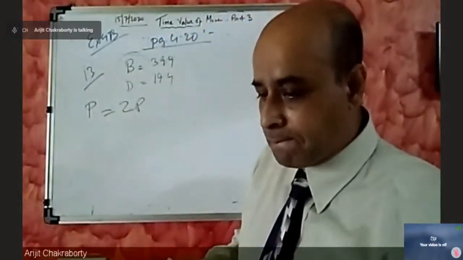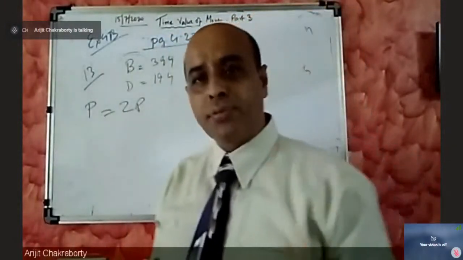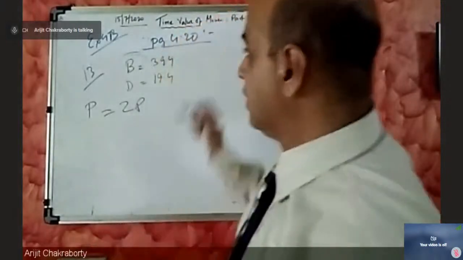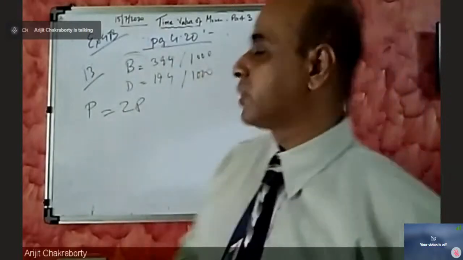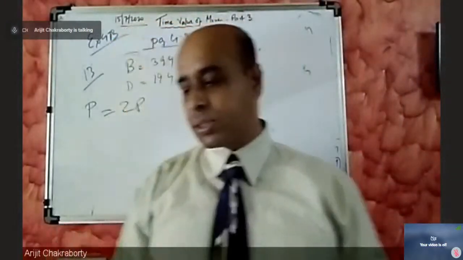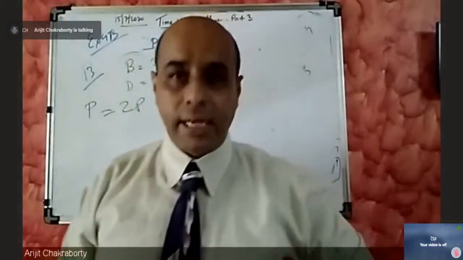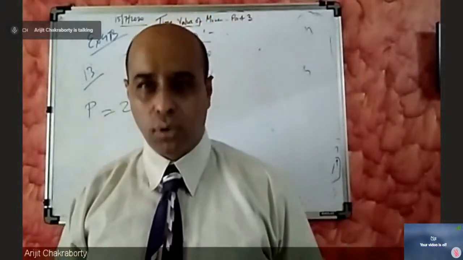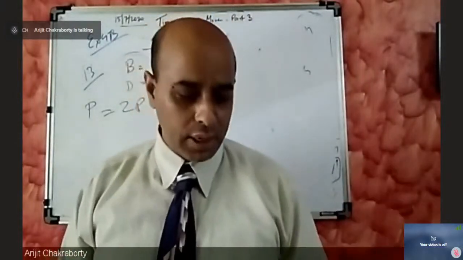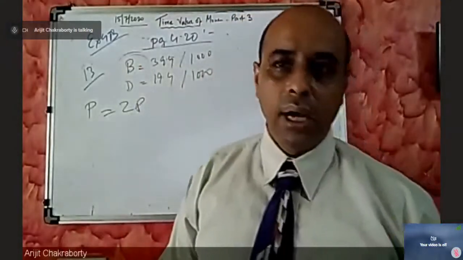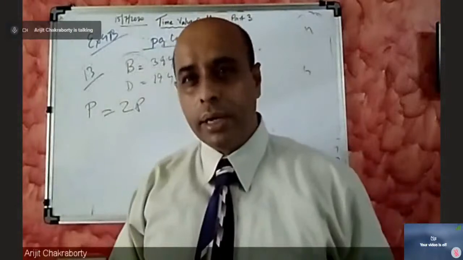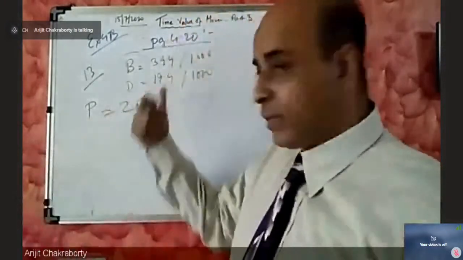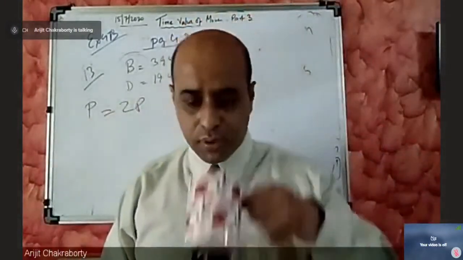This is per 1,000. So for every 1,000 there are 39.4 births and the number of deaths per year is 19.4 per 1,000 of the population. So we have to find out in how many years the population will be doubled, keeping in mind the given parameters of birth and death.